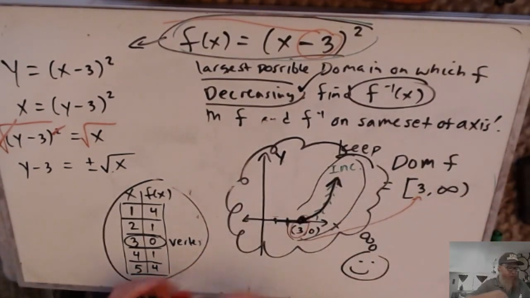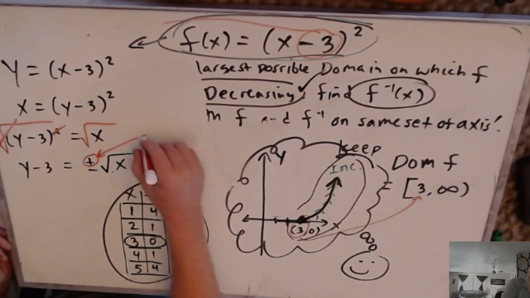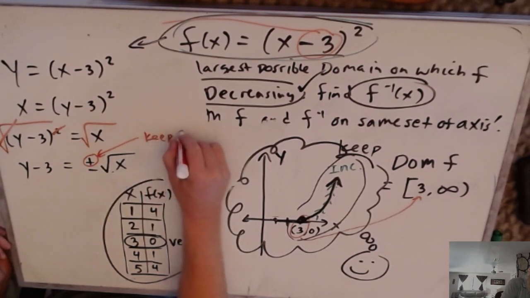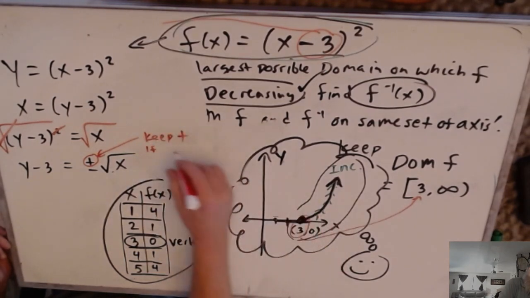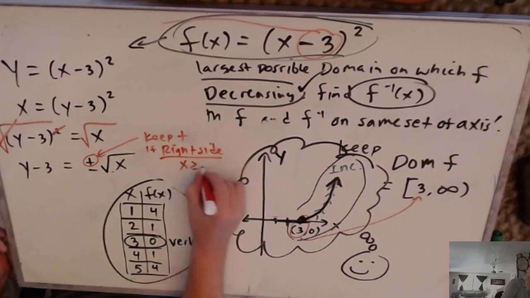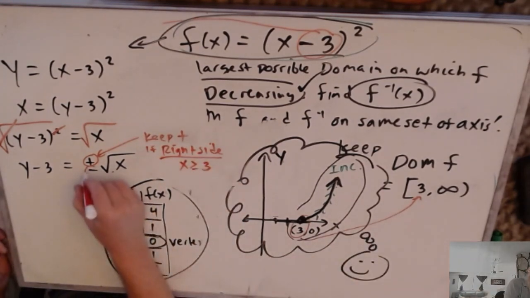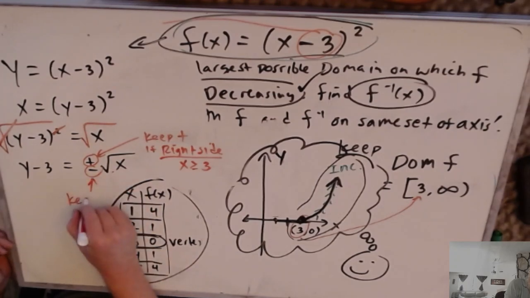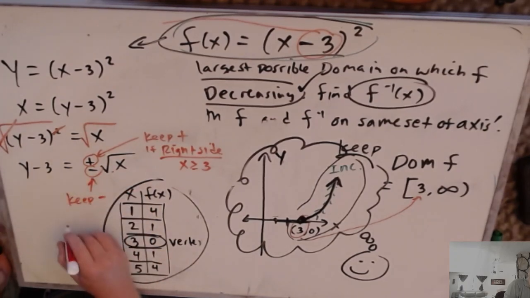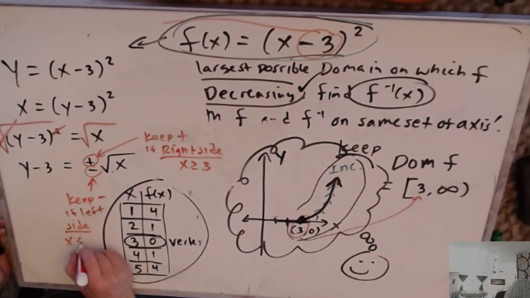Okay. So I want to keep the positive if it's the right side of the graph. Yeah. X is greater than 3. So that's the right side. Keep the negative if left side of the graph, less than 3.